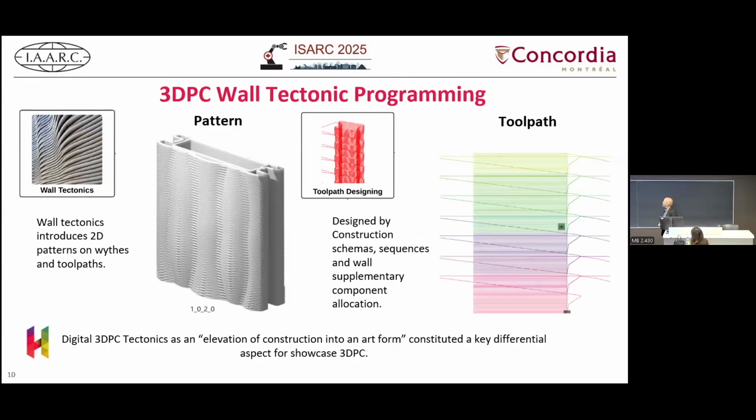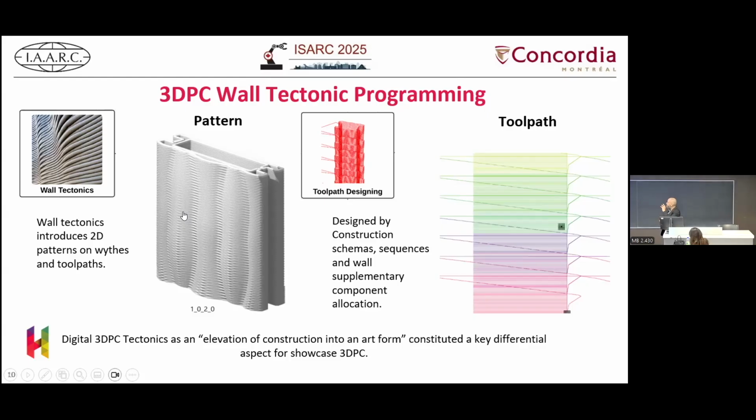The second part is the wall 3D printing tectonic programming, which has two more phases. This also has to be played, right? Well, that showcases a lot of different patterns that we can do. These also showcase what we know as tectonics, an elevation of the construction into an art form.